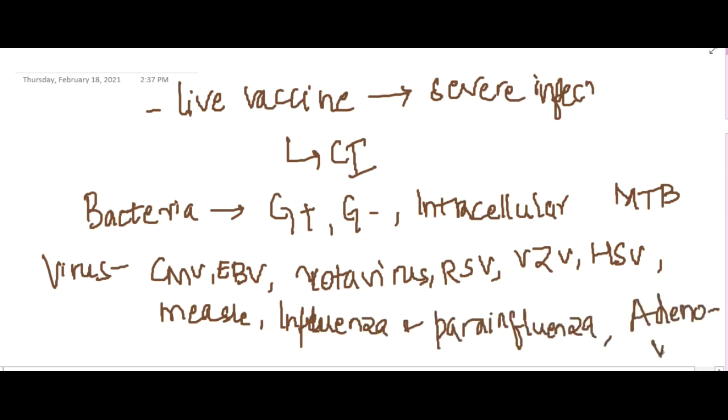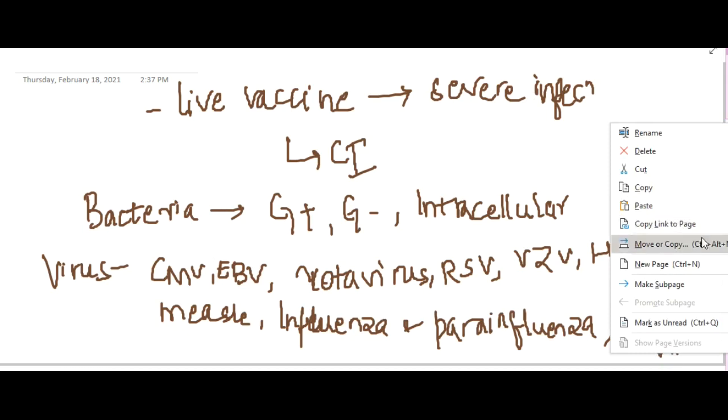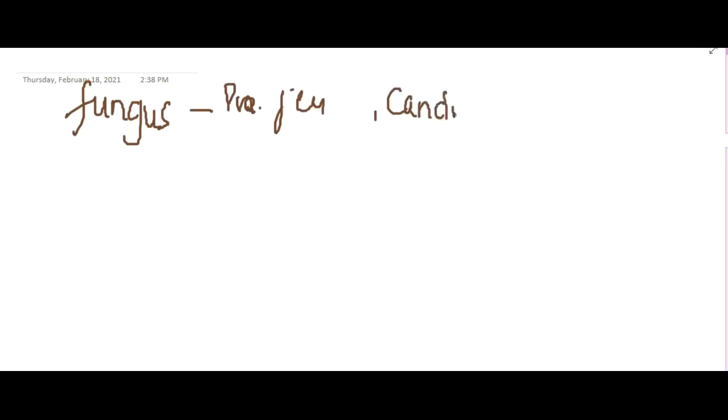So these are the different viral organisms which can cause infections in severe combined immunodeficiency. Then it also causes infections with fungi like Pneumocystis jirovecii and candidiasis. Superinfections with candidiasis or cryptococcosis can also occur.